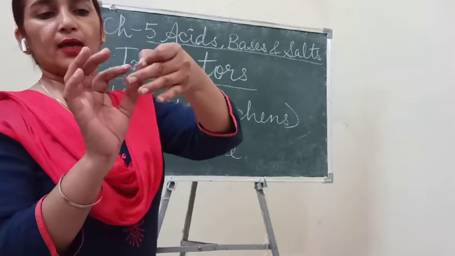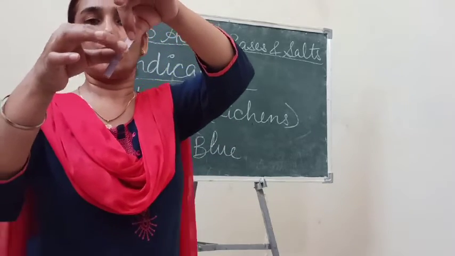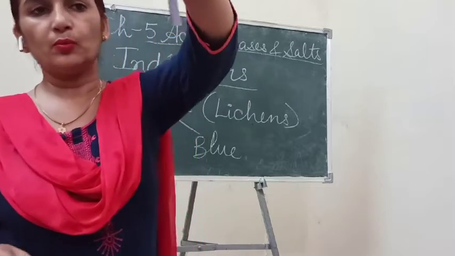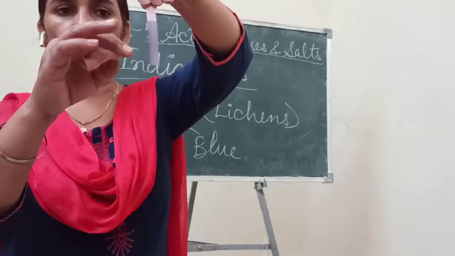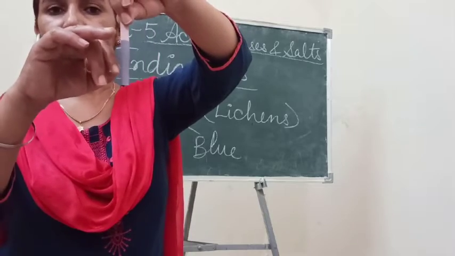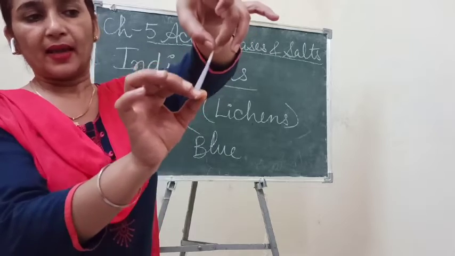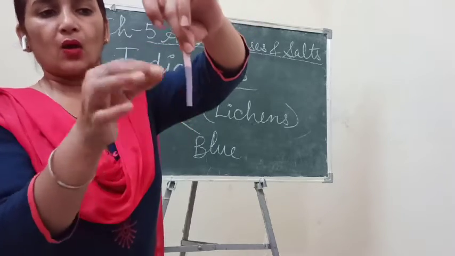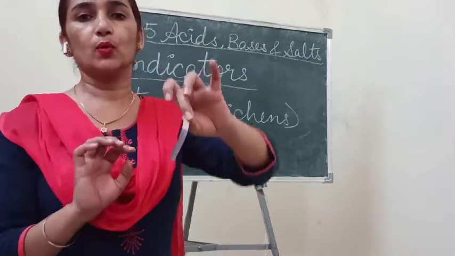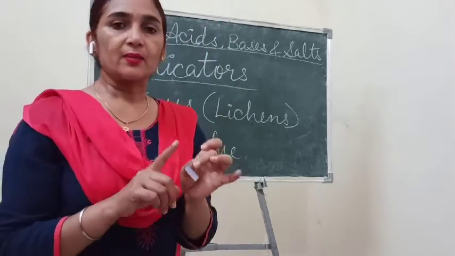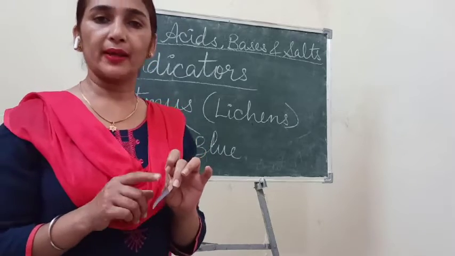Okay, then you will see how it changes its color from red to blue. See, the color changes from red to blue. Previously this paper was red, and now because of applying baking soda on it, it changes its color from red to blue. So red litmus we always use to detect the presence of base.